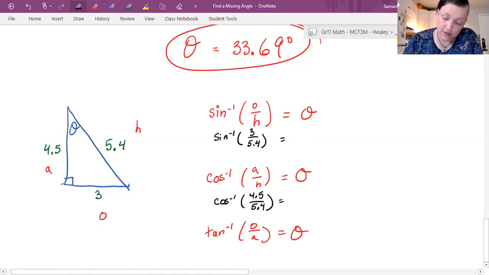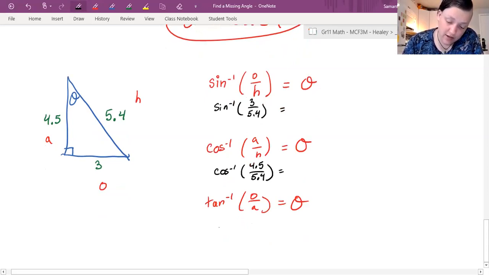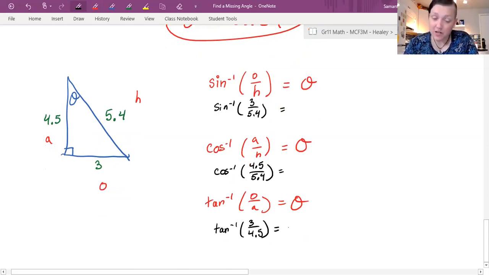Or if you wanted to use tangent inverse, you plug in the opposite side, 3, over the adjacent side, 4.5. You could choose any one of these. So I'd like you to choose one and get your answer.